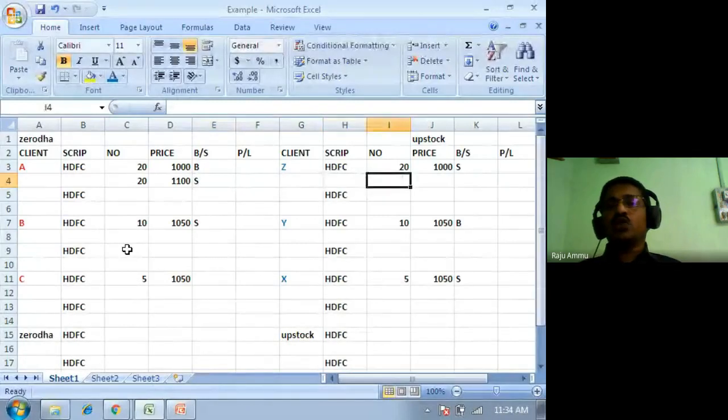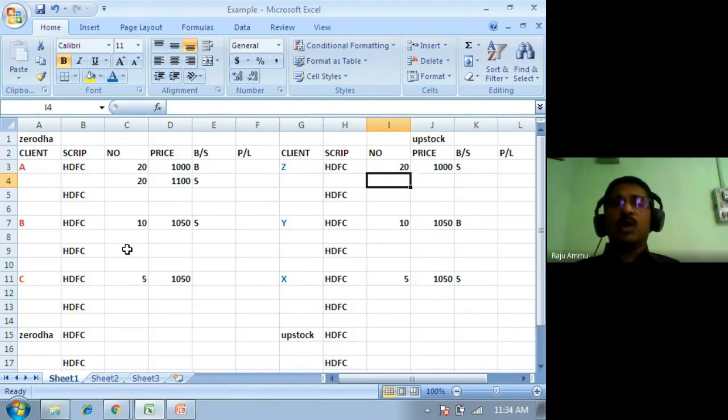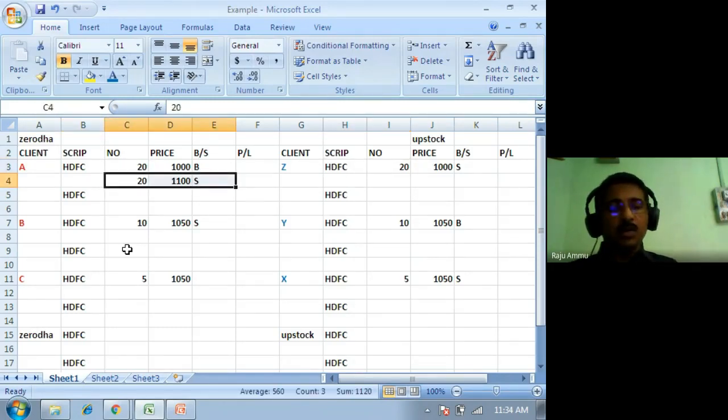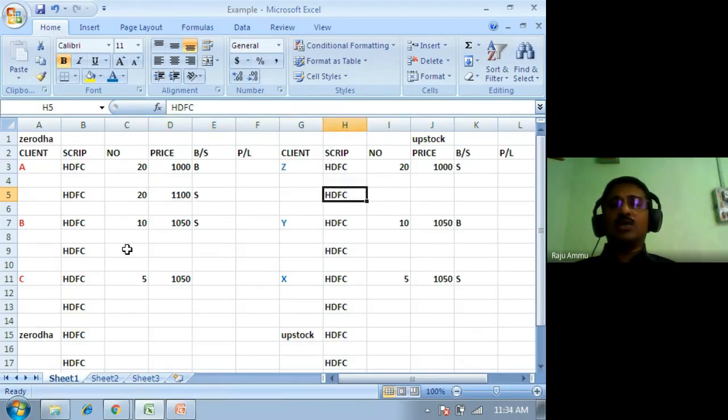Let us also assume that the market is moving opposite. So this person called Z at Upstock could not achieve his objective. Because the market is moving in an upward direction, he has lost some positions.